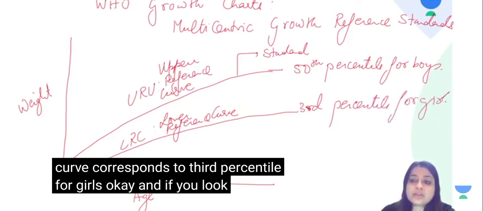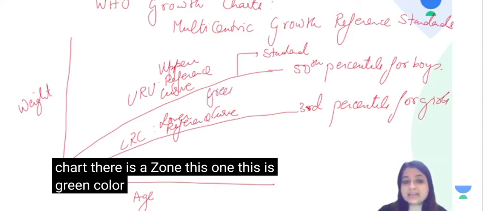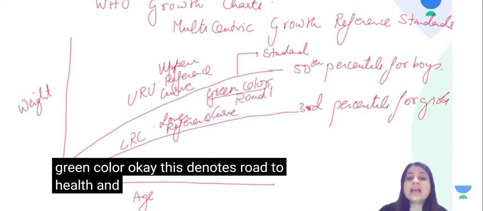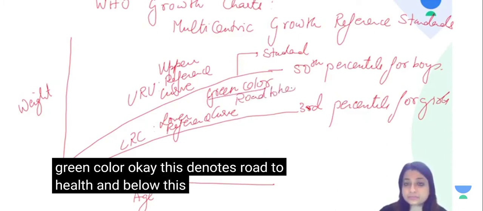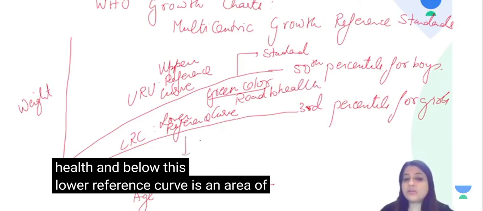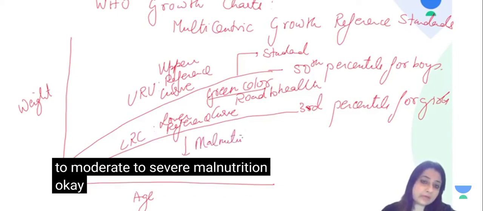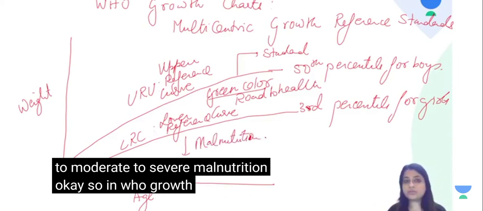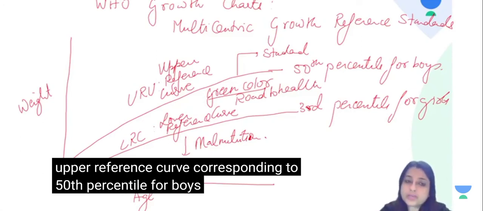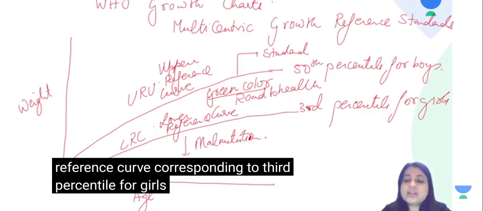Okay, and if you look at this chart, there is a zone, this one, this is green color. Okay, this denotes road to health, and below this lower reference curve is an area of mild to moderate to severe malnutrition. Okay, so in WHO growth chart, we have an upper reference curve corresponding to 50th percentile for boys and a lower reference curve corresponding to 3rd percentile for girls.